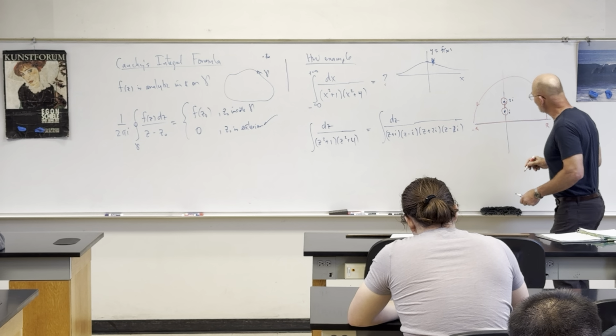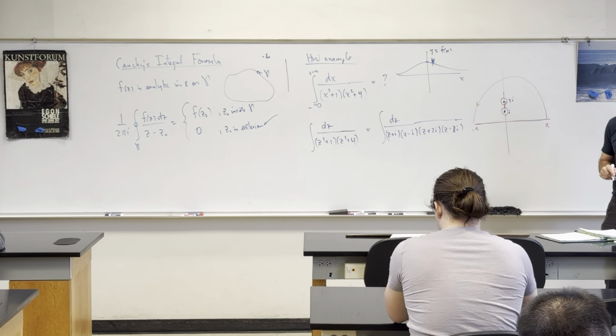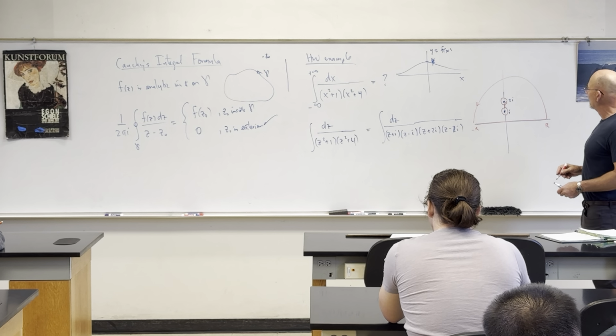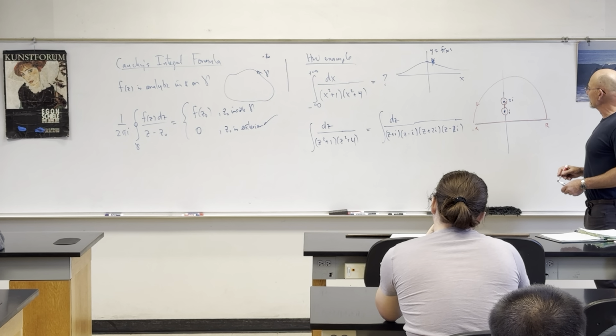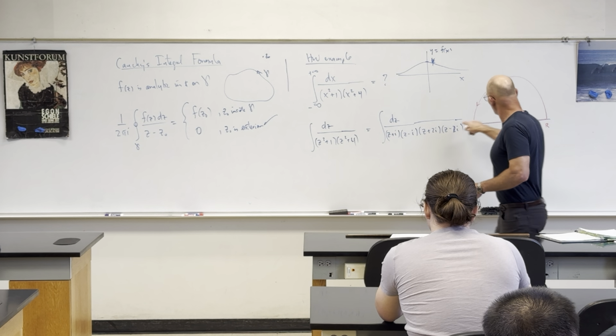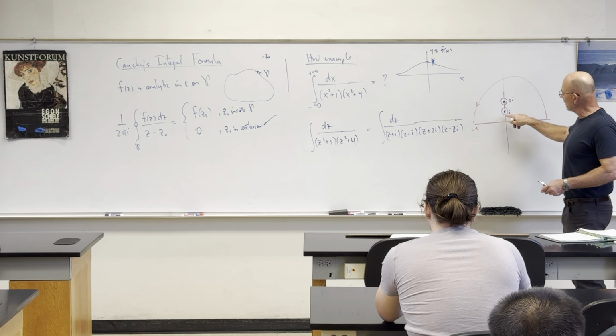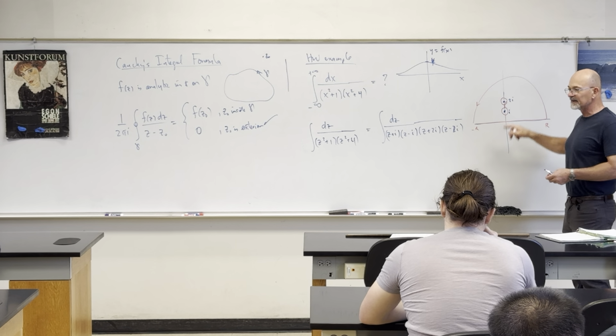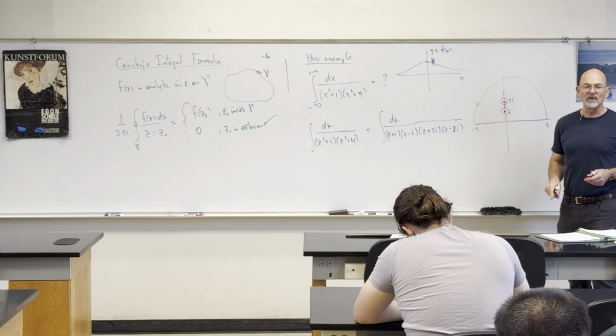So we're going to have to do what we did last time twice. But each time we circle this thing, it's safely isolated and it's just a first order pole.